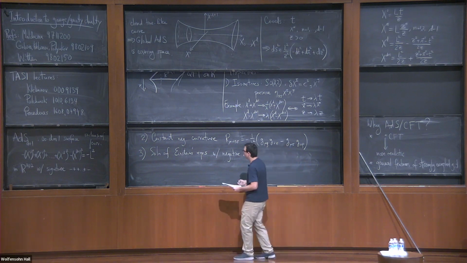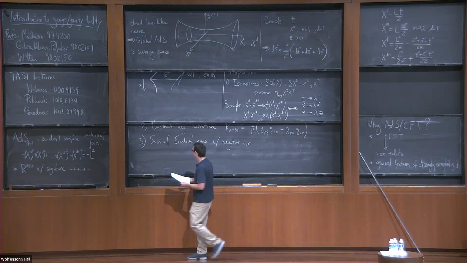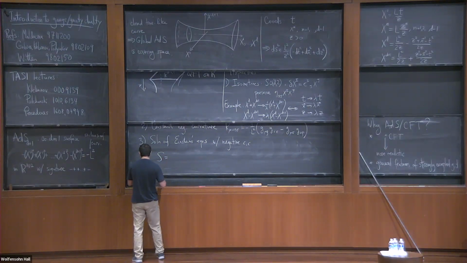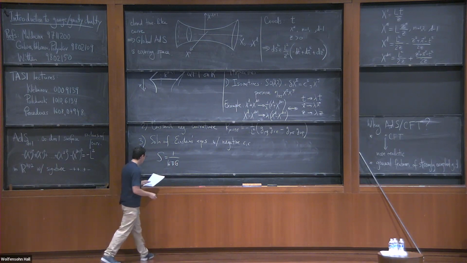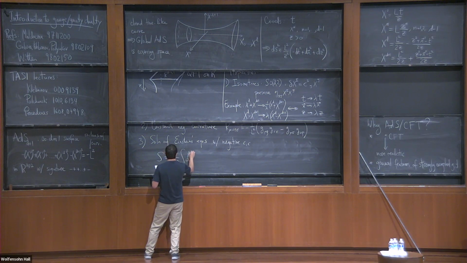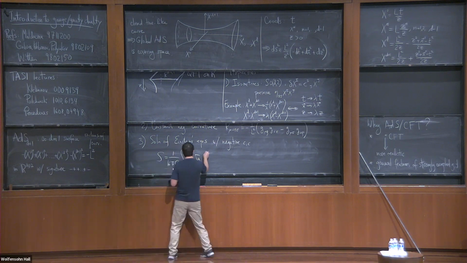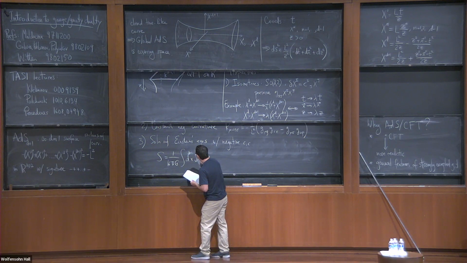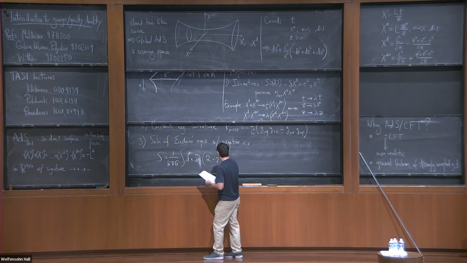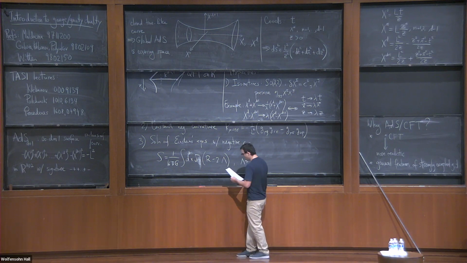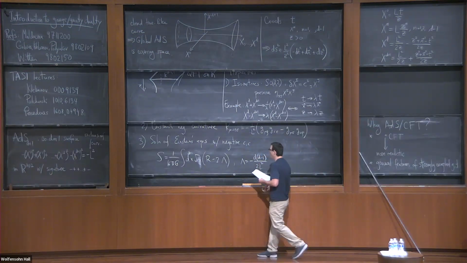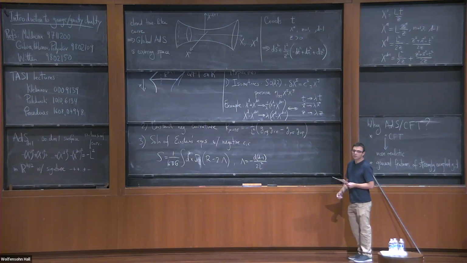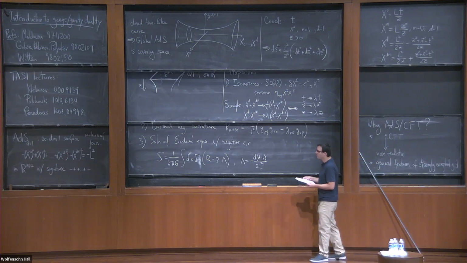If we were to write down the action for gravity with a negative cosmological constant, it would be 1 over 16 pi G, where G is the Newton constant, times the integral over d plus 1 dimensions of the square root of minus g times (R minus 2 lambda), where lambda is minus d times (d minus 1) over 2L squared, which has this specific value. Then anti-de Sitter space of radius L is a solution of the Einstein equations that follow from this action.